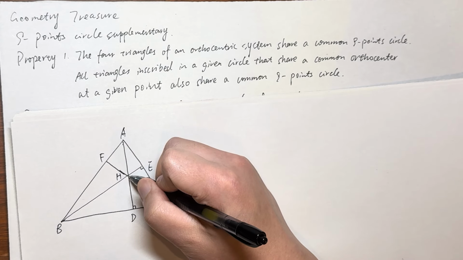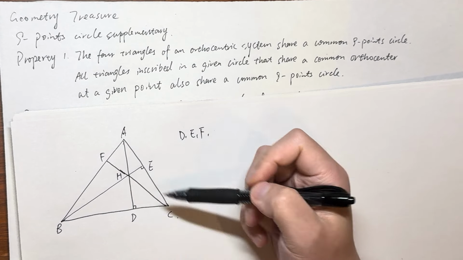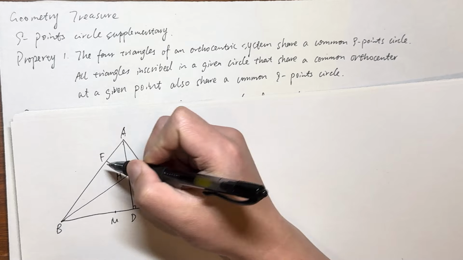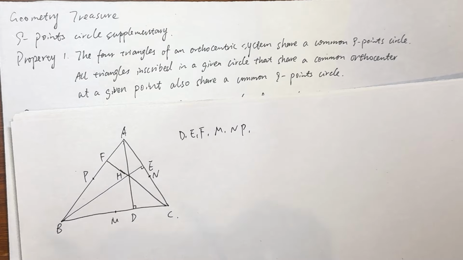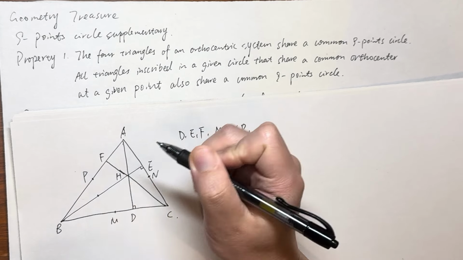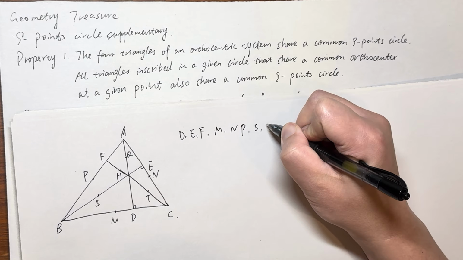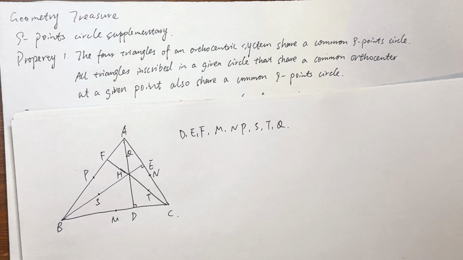Then we know that D, E, F and the midpoint of each side, let's call it M, P, and midpoint of orthocenter to vertices S, T, Q. These 9 points are cyclic, and the circle these 9 points are on is called the 9-point circle. Okay, that's a basic concept, just as a review.